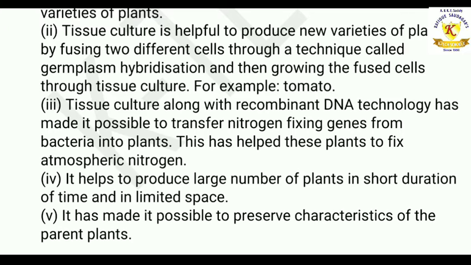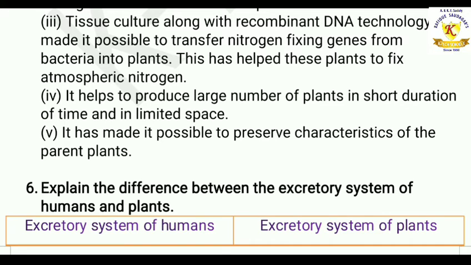Tissue culture along with recombinant DNA technology has made it possible to transfer nitrogen fixing genes from bacteria into plants. This has helped these plants to fix atmospheric nitrogen. It helps to produce large number of plants in short duration of time and in limited space. It has made it possible to preserve characteristics of the parent plants.